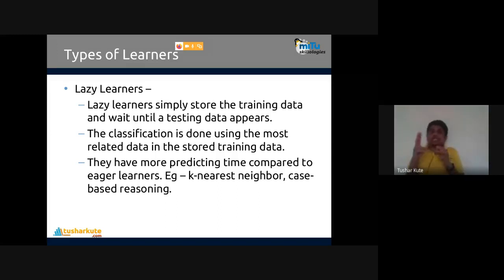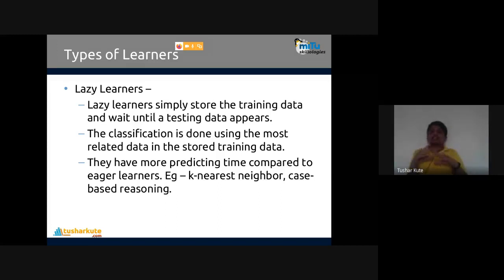So two learner algorithms are there. The first is the lazy learner, the second is the eager learner. Lazy learner means they simply store the training data and wait until the testing data appears. The classification is done using the most related data in the stored training data. Data is present, they directly store it. No model is created. At the time of prediction, the data will be directly used. Generally, what happens in machine learning?